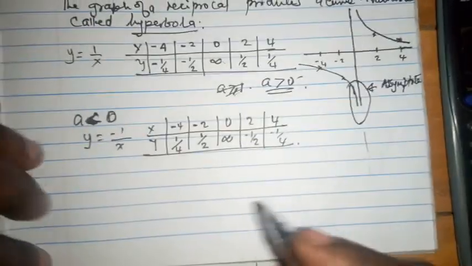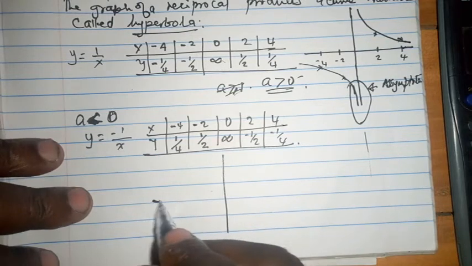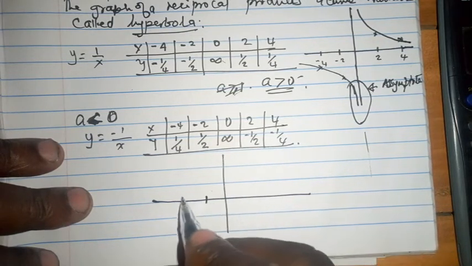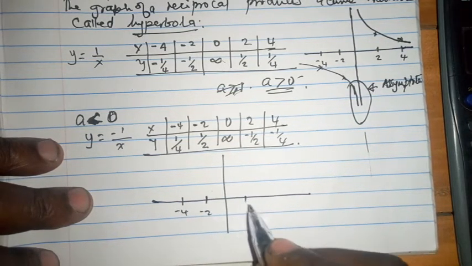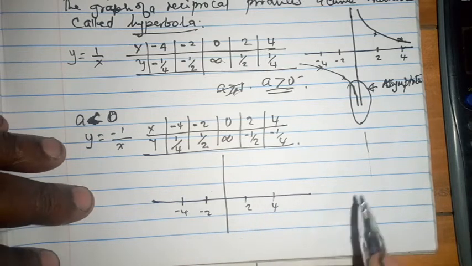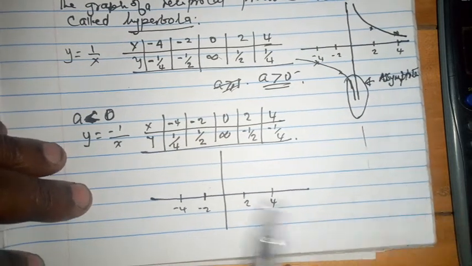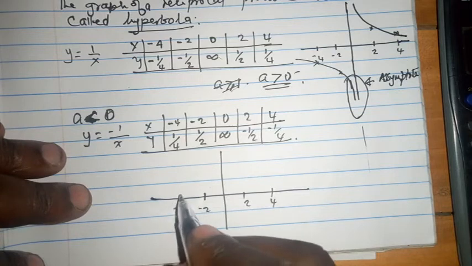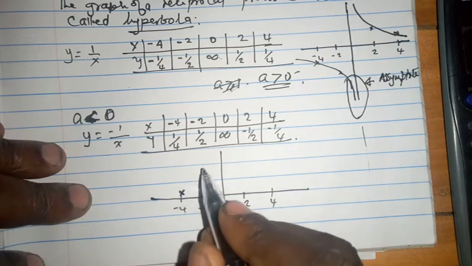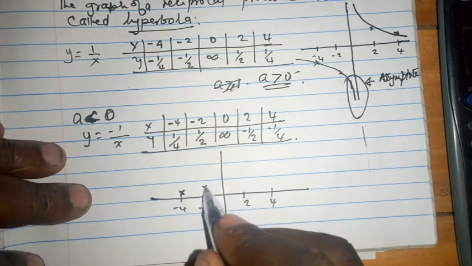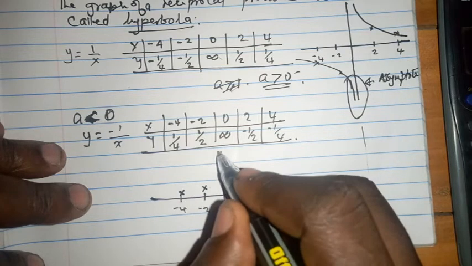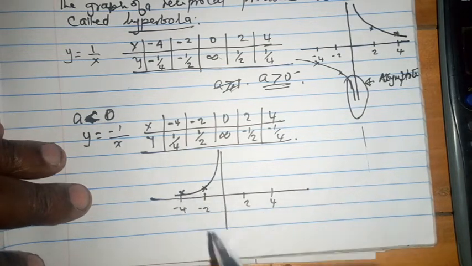So this one now brings a different graph that looks like minus 2, minus 4, and then 2 and 4. When x is minus 4, we have a quarter. When x is minus 2, we have a half. Of course, when x is 0, we have such a graph again.